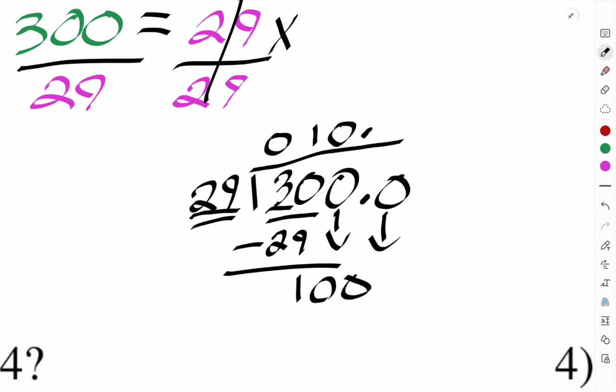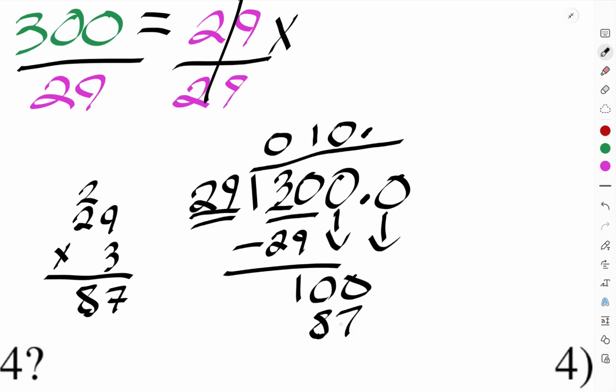Now I have to figure out how many times I can multiply 29 to fit into 100. So I think it's 3. So let's see. 3 times 29: 3 times 9 is 27, the 2 carries over. That is 6, and that is 8. I don't think if I multiply another one, it will fit. No, so that is it.